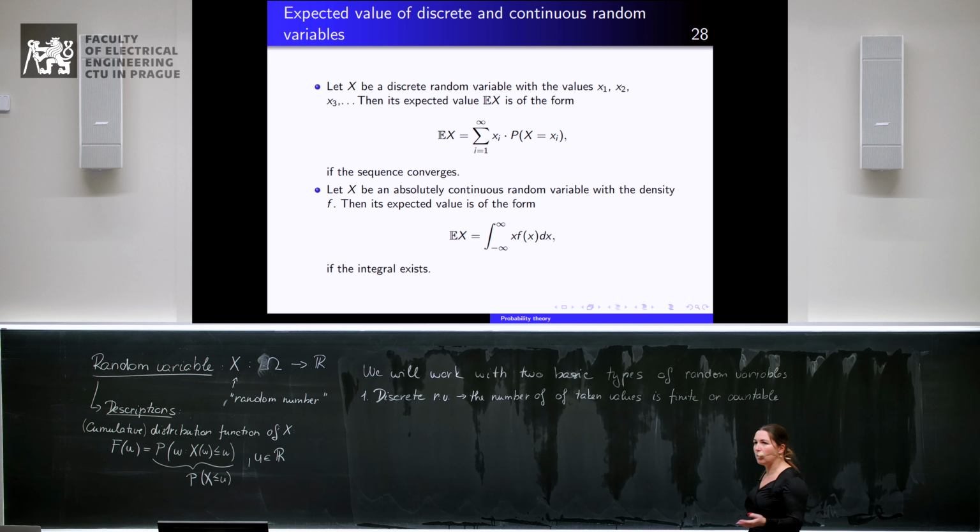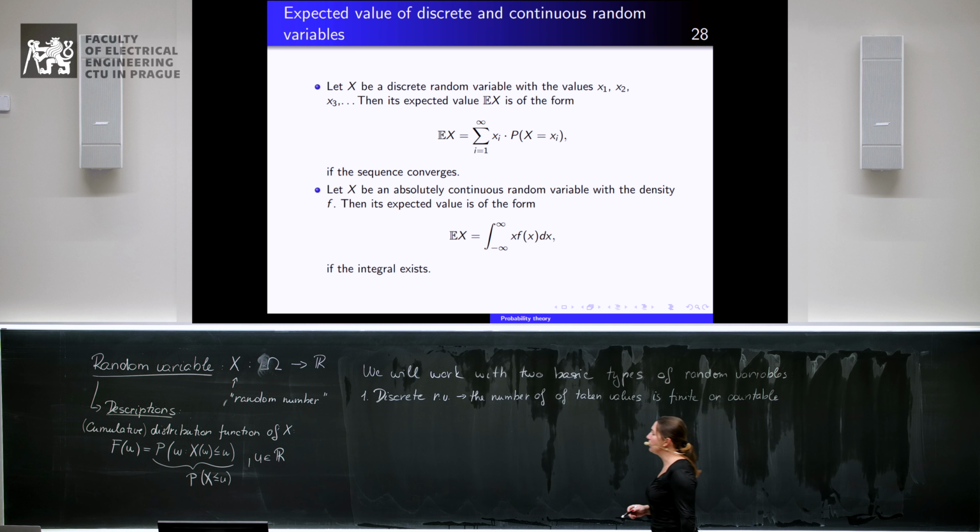So when we work with numbers of events, and theoretically the number of events is infinite, it is still a countable number of events, because there is a bijection with the natural numbers.